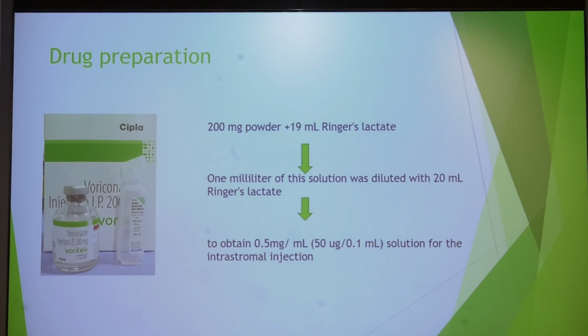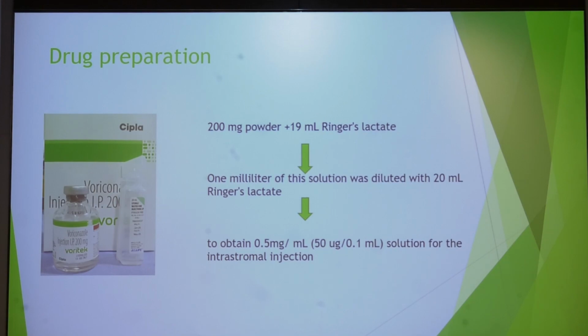To prepare the 50 microgram intracameral or intrastromal dose of voriconazole, you can use either the 1% voriconazole eye drop or the voriconazole injection 200 milligram vial. Let's first talk about the vial. It comes in a strength of 200 milligram, and you have to do a double dilution.